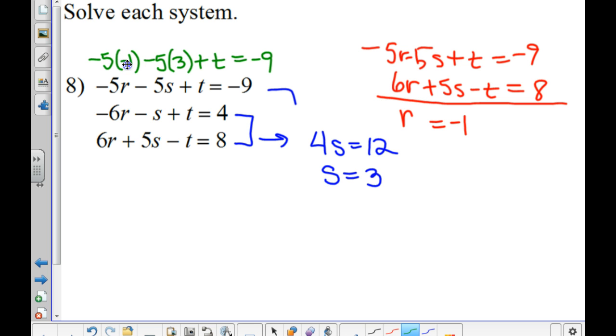This is 5 minus 15 would be -10. Does that give me T as 1, guys? And the ordered triple in alphabetical order would be -1, 3, 1.